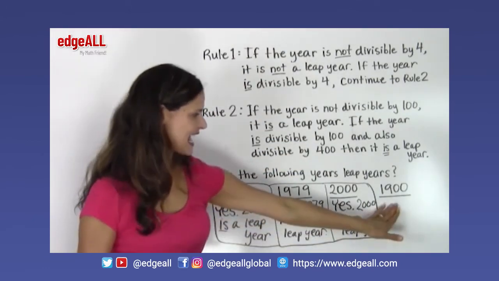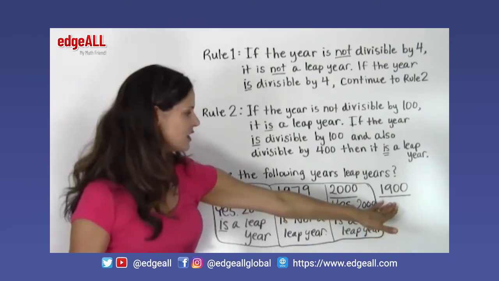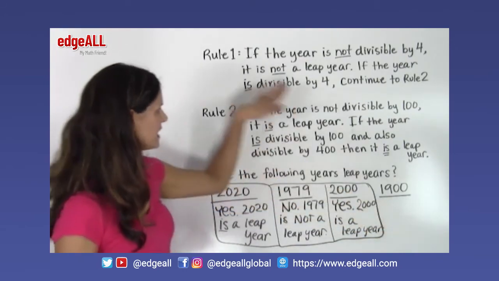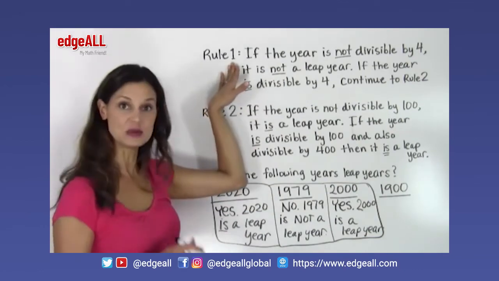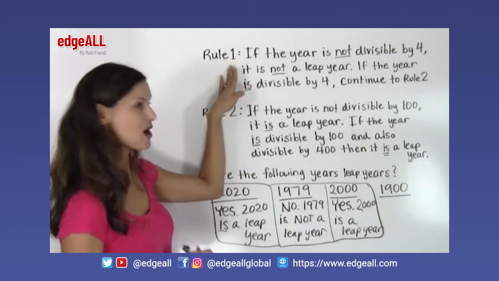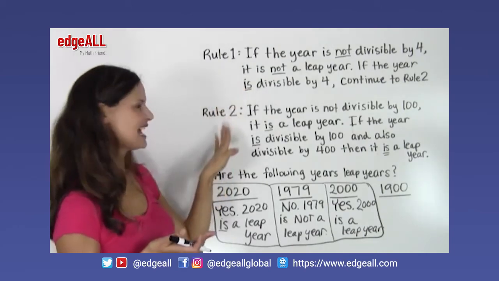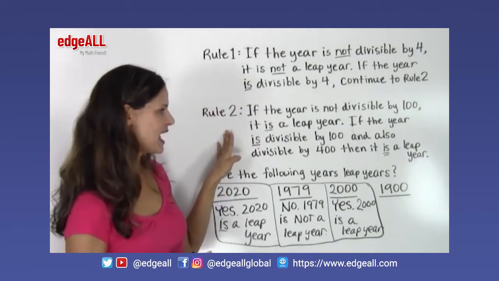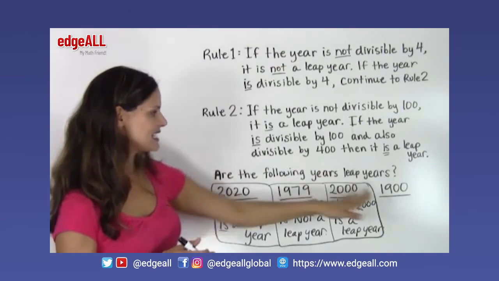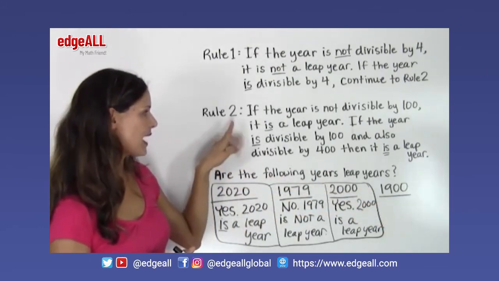Now we'll look at 1900. So first rule we start out with, 1900 is divisible by 4. So it may or may not be a leap year. We'll find out when we put it to the test of rule number 2. Rule number 2, 1900 is divisible by 100.